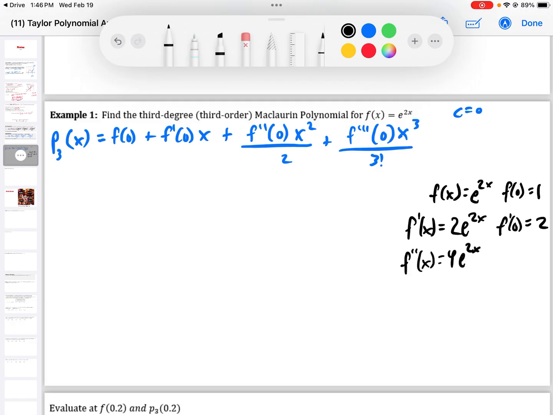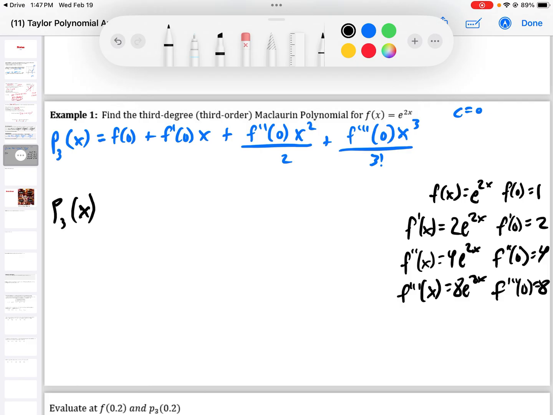The second derivative of x is equal to 4e to the 2x, evaluated at 0 would be 4. And one more, I needed the third derivative because it's degree 3. It would be 8e to the 2x. So f triple prime of 0 is equal to 8.